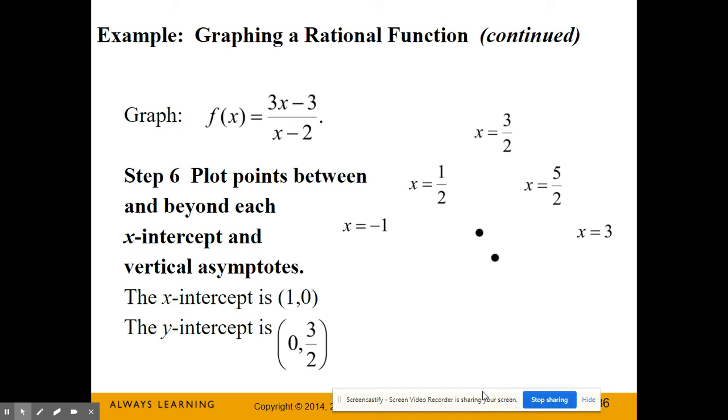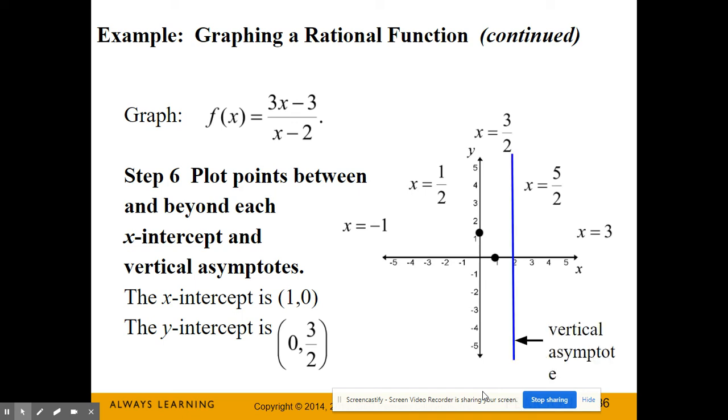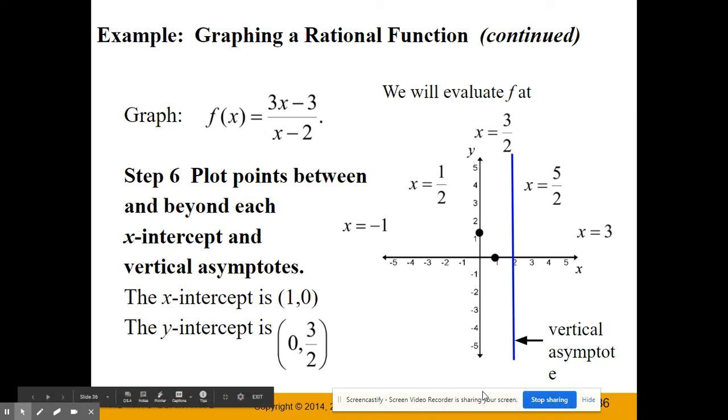Now you're going to plot points between and beyond each x-intercept and vertical asymptote. We know that the x-intercept is at 1. We know that the y-intercept's at 1.5. We know we had a vertical asymptote at x equals 2. So we're going to pick values of x to try.